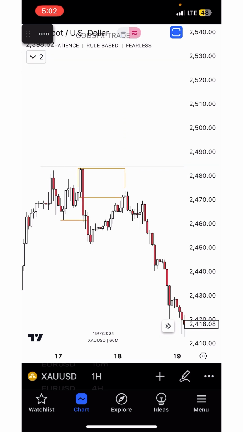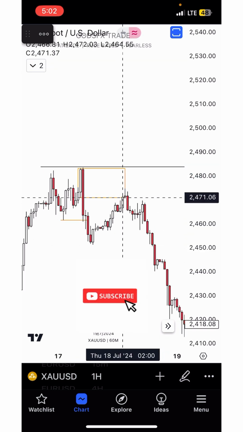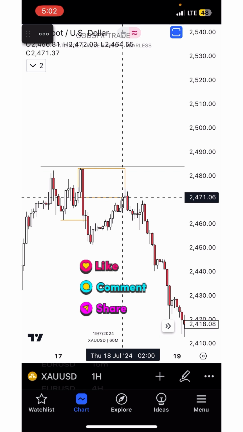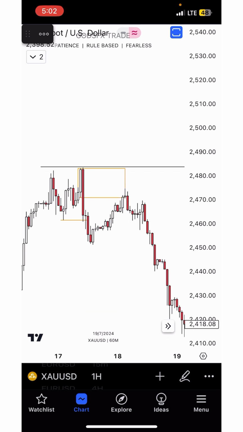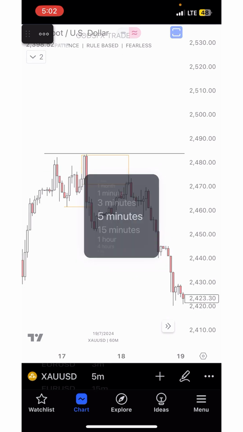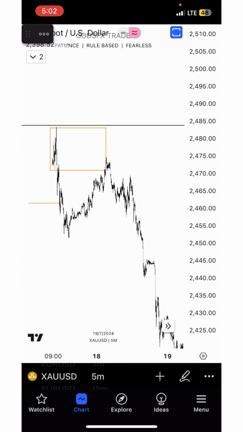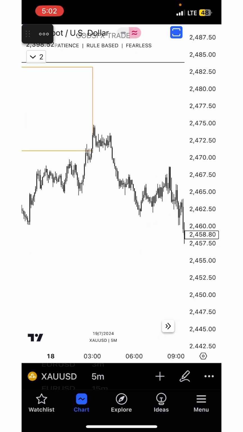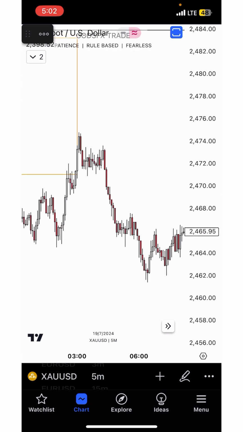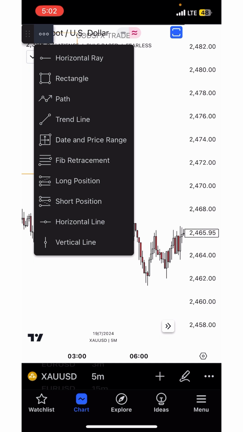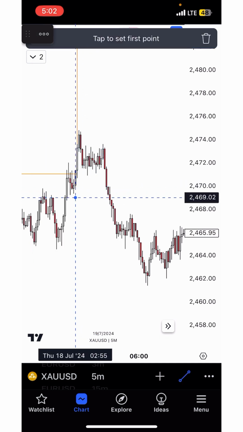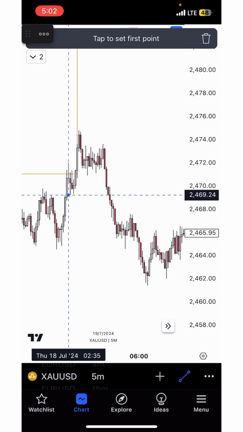So after price retraced to this supply zone here, what we did was to move over to our 5 minutes and wait for a trend confirmation. We moved over to our 5 minutes. And here is our 5 minutes change of character.